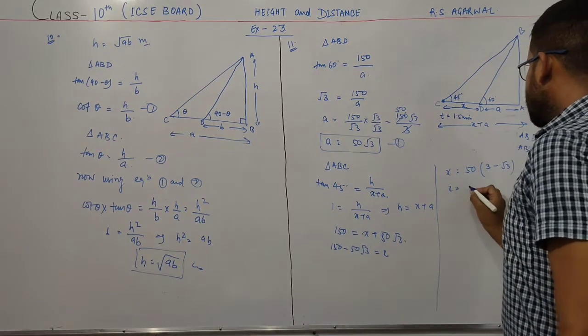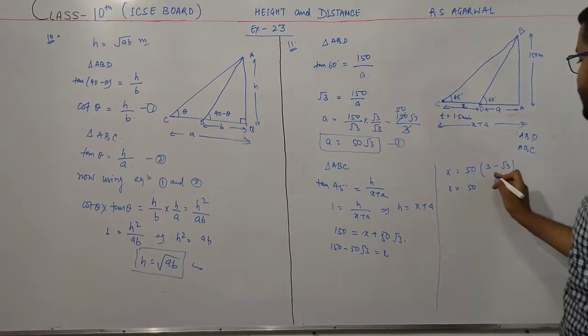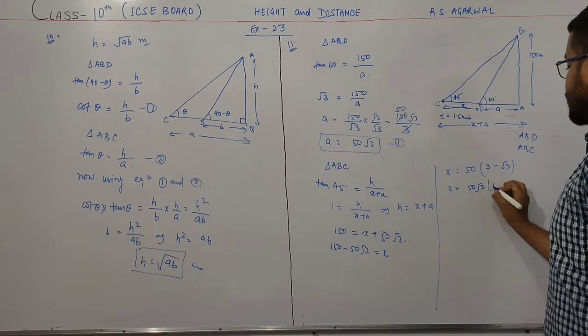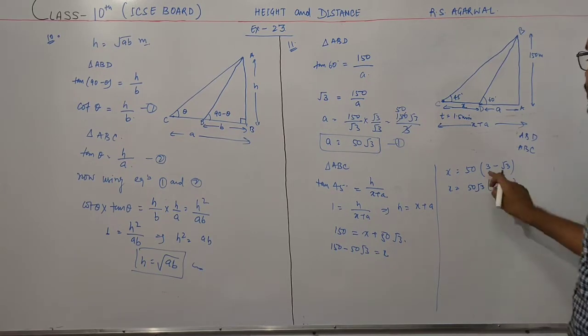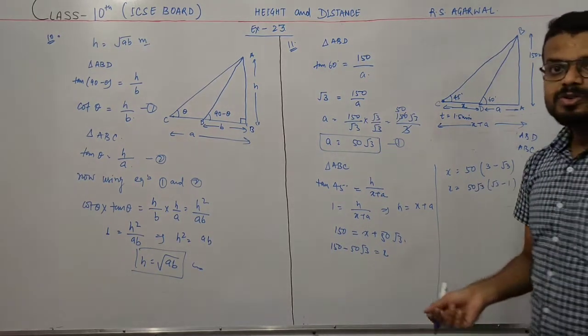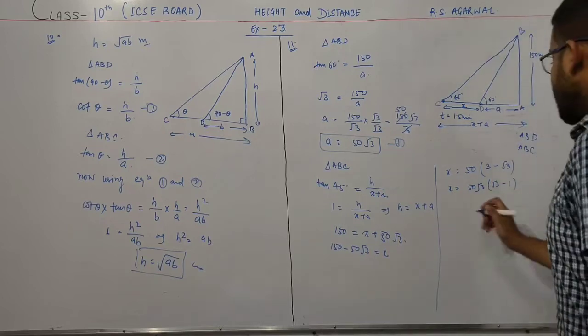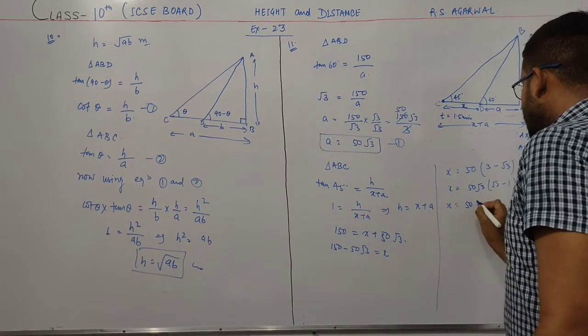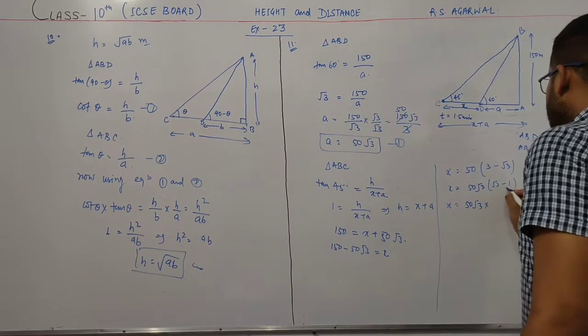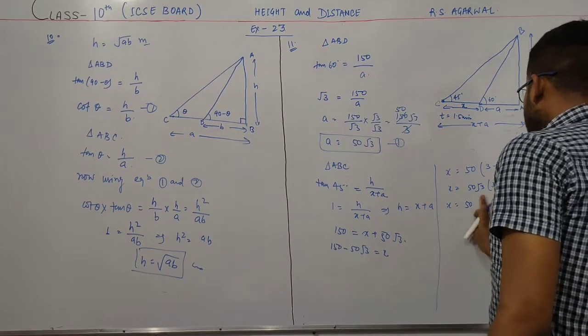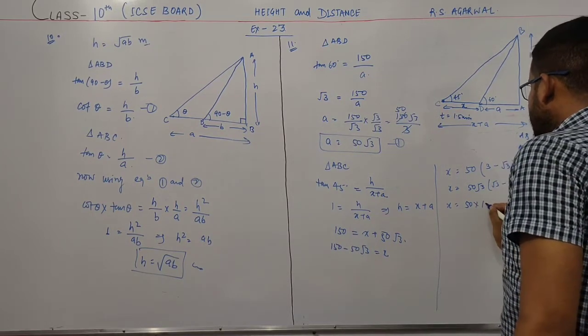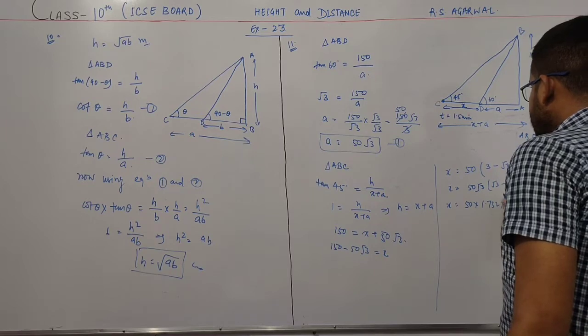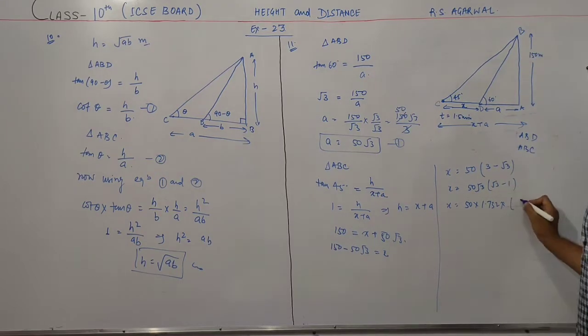So x is equal to 50 times 3 minus root 3. Again if I take root 3 as common, this is root 3 minus 1 because 3 is root 3 into root 3. So x is equal to 50 root 3 into root 3 minus 1. The value of root 3 is 1.732, so root 3 minus 1 is 0.732.